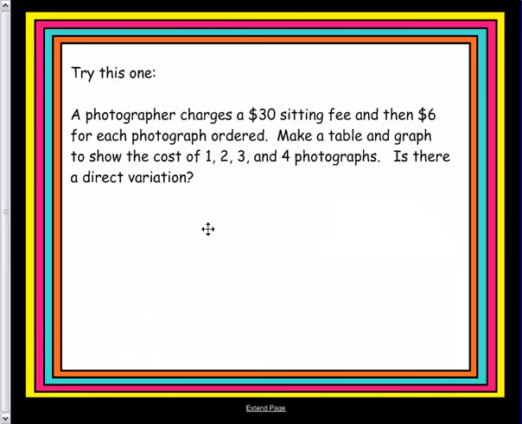A photographer charges a $30 sitting fee and then $6 for each photograph ordered. Make a table and a graph to show the cost of 1, 2, 3, and 4 photographs. Is there direct variation? Okay, so you're paying $30 for a sitting fee. So if I buy no photos, I'm still paying $30. Okay, and then if I buy one photo, I'm paying $30 plus my $6.